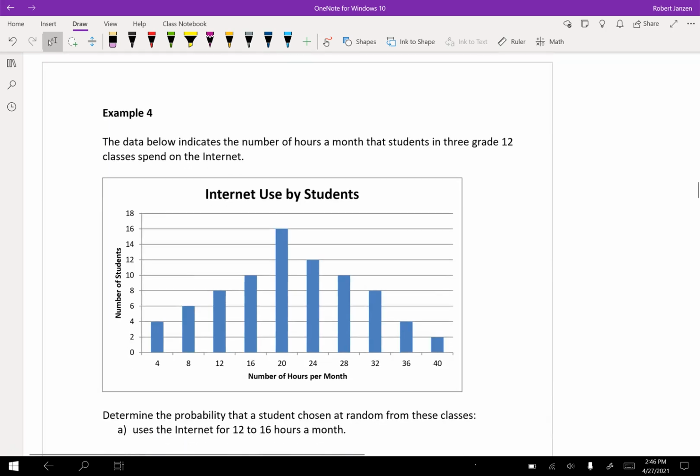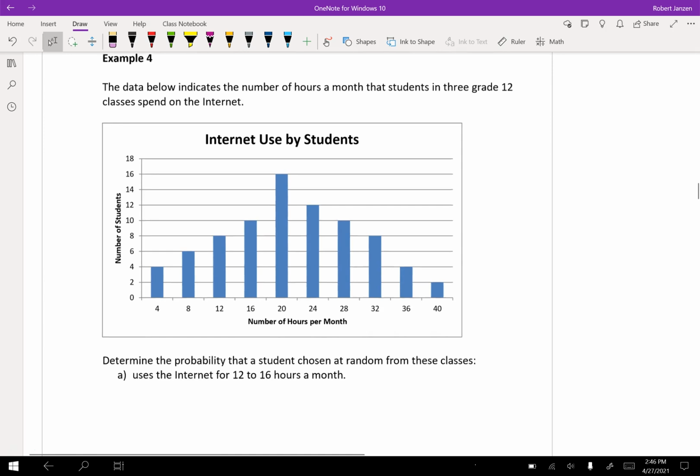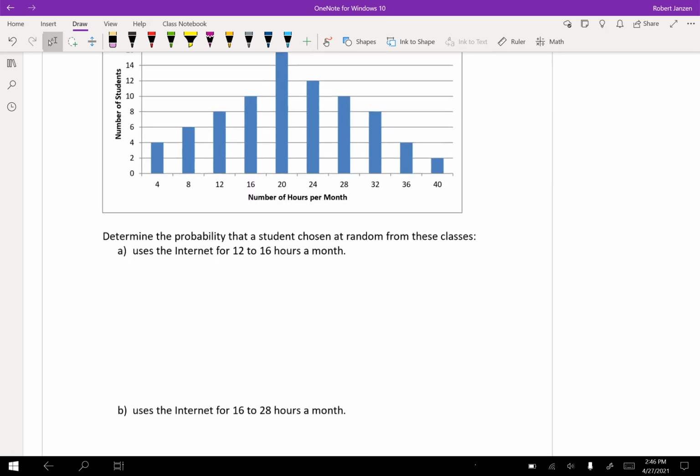Let's do this next one. I'd like you again to pause and then try this. It gives us the information on a graph, and it says determine the probability that a student chosen at random from these classes uses the internet for 12 to 16 hours a month.